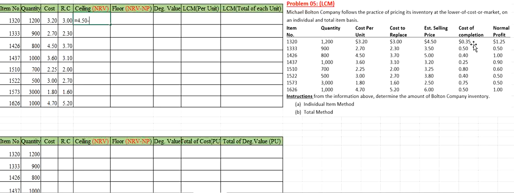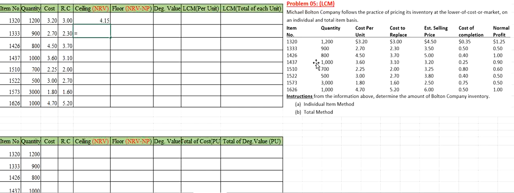Now our selling price was 4.50 minus $0.35, and we get our net realizable value of 4.15 for our item number 1320. Let's continue with the rest of the items then.